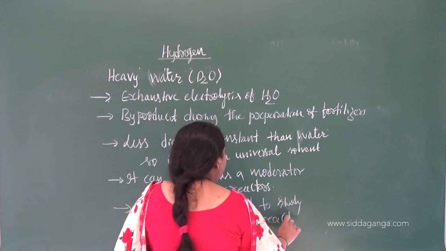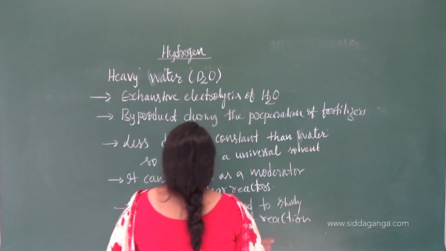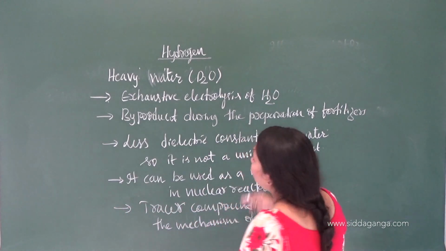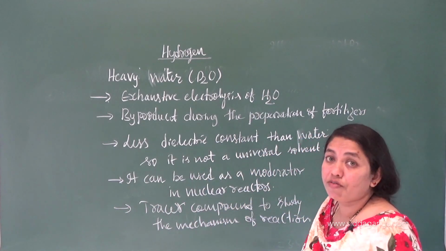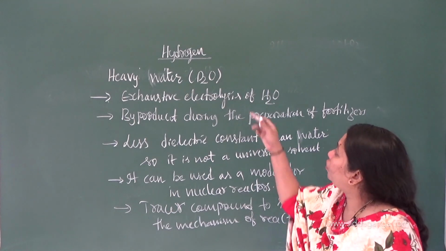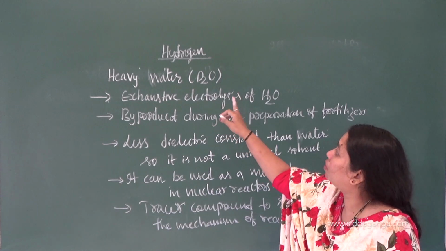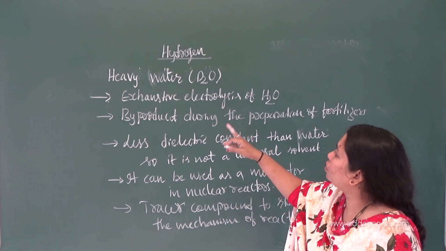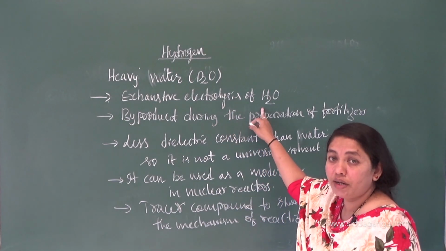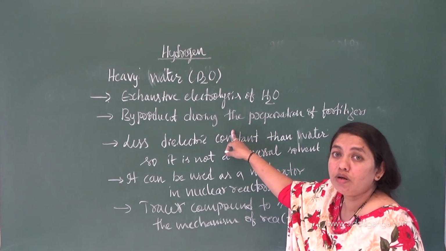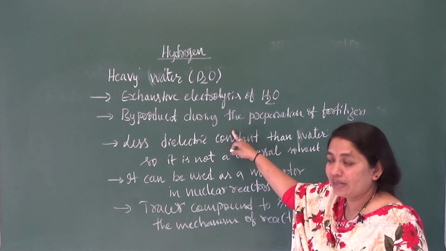In the last, there are very few chemical properties, you can note these down. This much is enough for heavy water. Here deuterium is present in place of hydrogen. The formula is D2O. It is produced by the exhaustive electrolysis of water and also as a byproduct during the preparation of fertilizers.